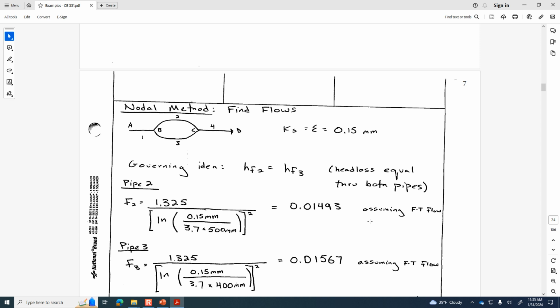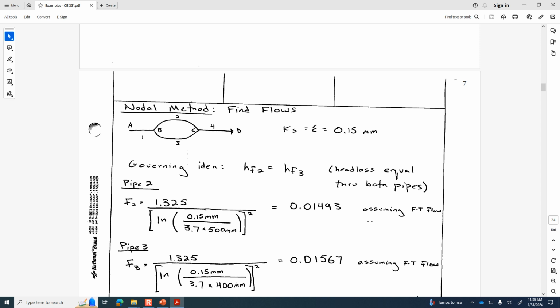So F2 L2 V2 squared divided by D2 2g is equal to F3 L3 V3 squared divided by D3 2g.